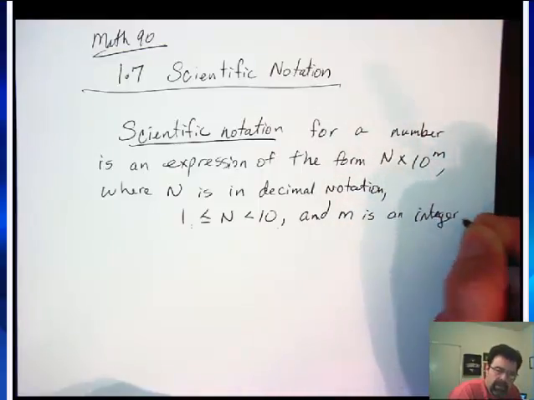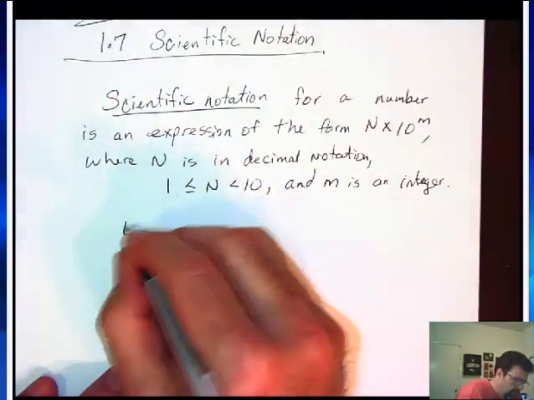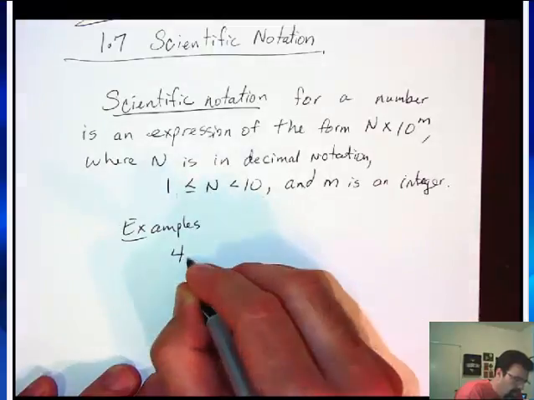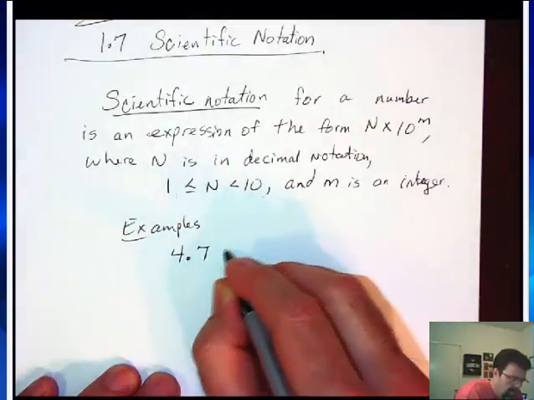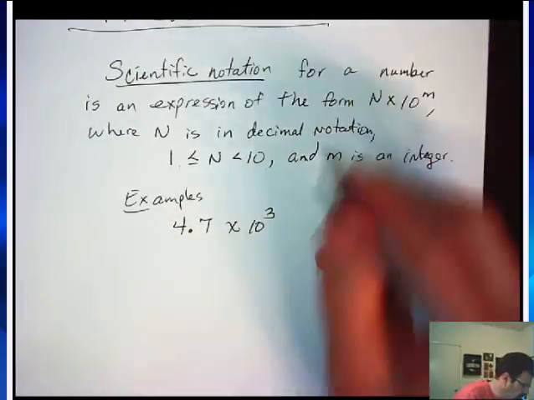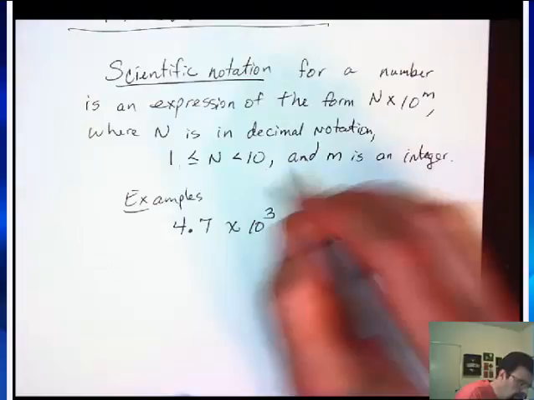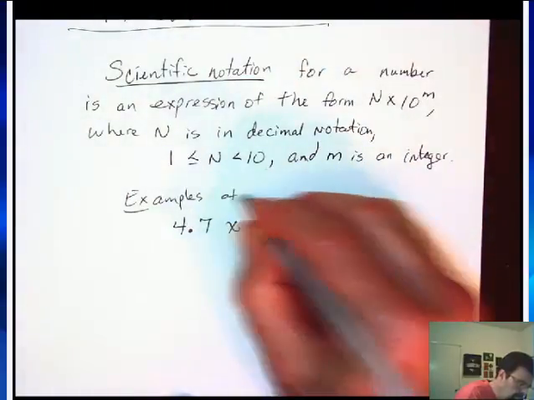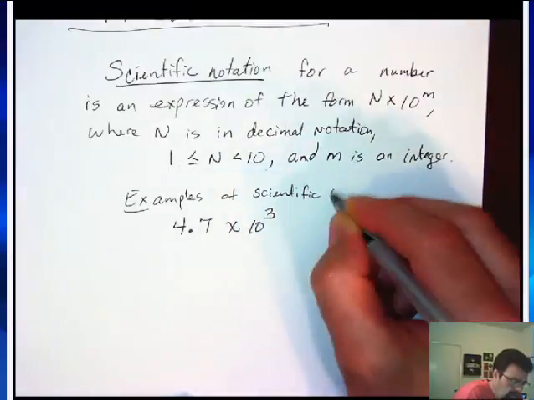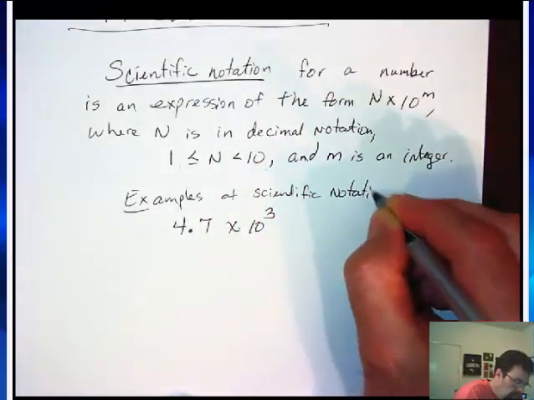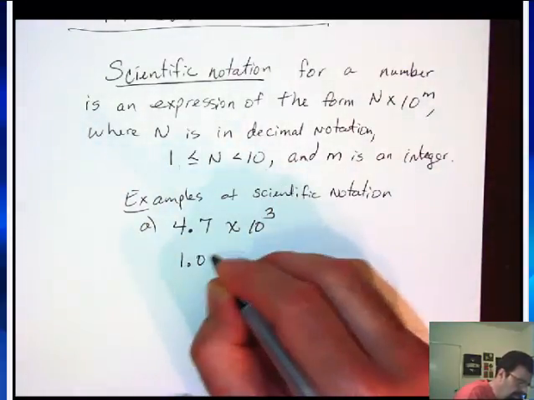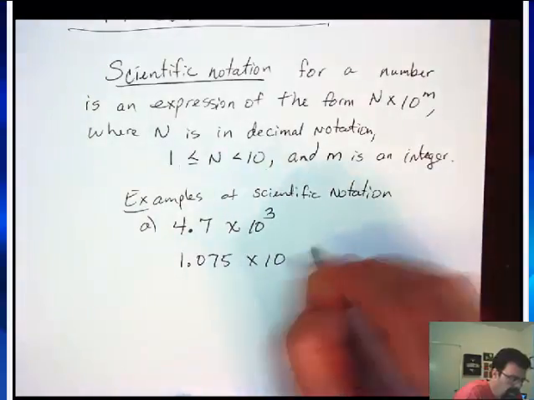So very specific scientific notation. .7 times 10 to the 3, that would not be scientific notation, and .075 times 10 to the negative 8 would not be either.